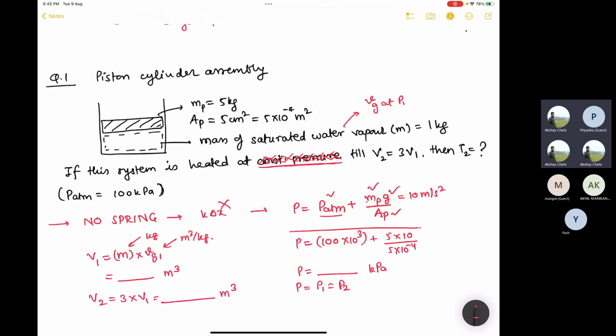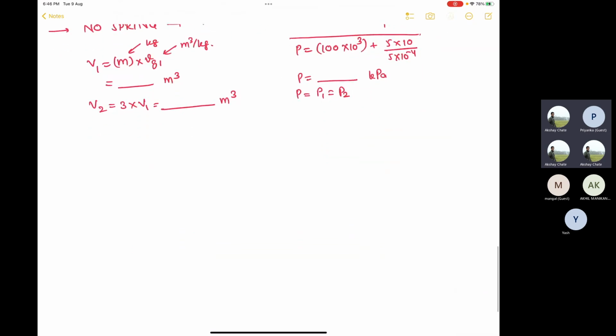And now the question is: is your V2 a saturated vapor, superheated vapor, or a two-phase mixture? I will leave this to you to figure out, but it's quite simple. At point 1, your vapor is already saturated.